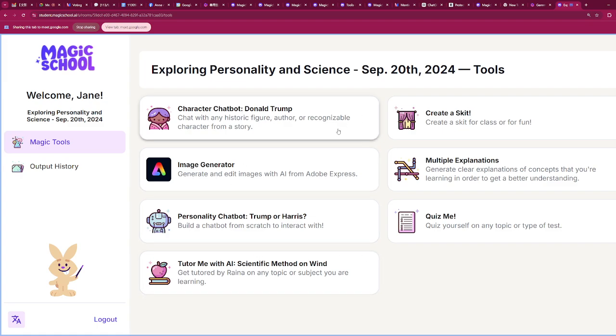The last one, and I've already tried out the image generator with you, and for this, I would ask students to use the image generator to come up with a situation.